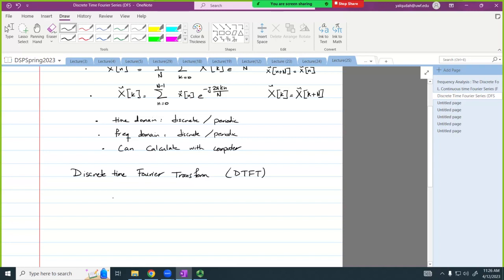And the discrete time Fourier transform, if you remember, is given by x of n equal 1 over 2 pi, the integration from negative pi to pi, X of e to j omega, e to j omega n d omega, and X of e to j omega is given by the summation from n equal negative infinity to infinity, x of n e to negative j omega multiplied by n.